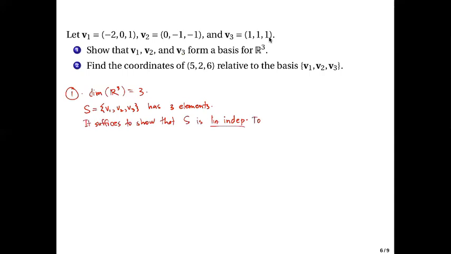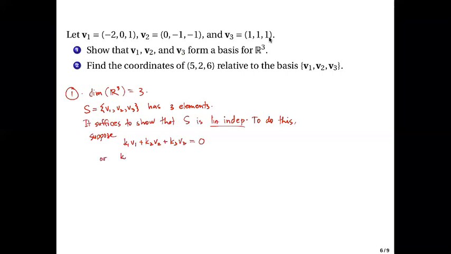So to do this, suppose we have K1 V1 plus K2 V2 plus K3 V3 equal to the 0 vector.